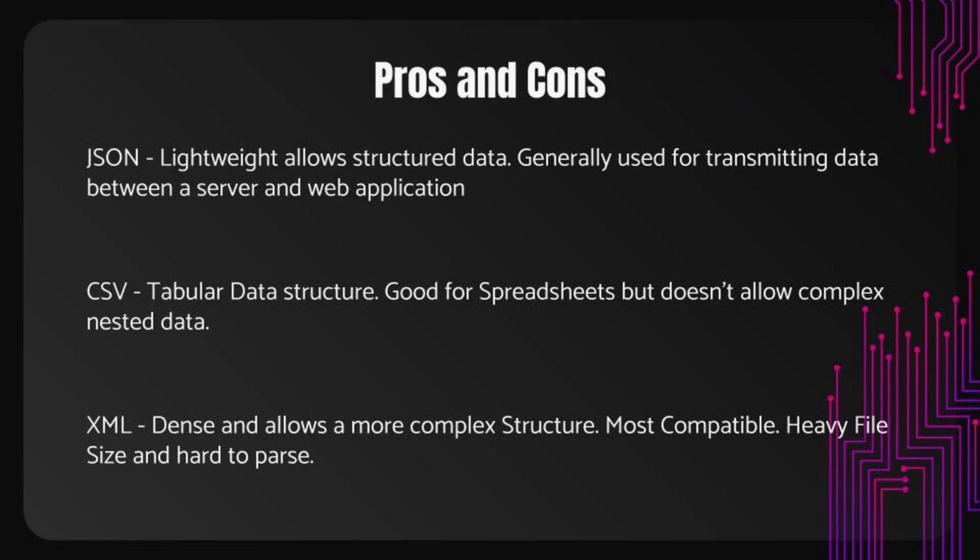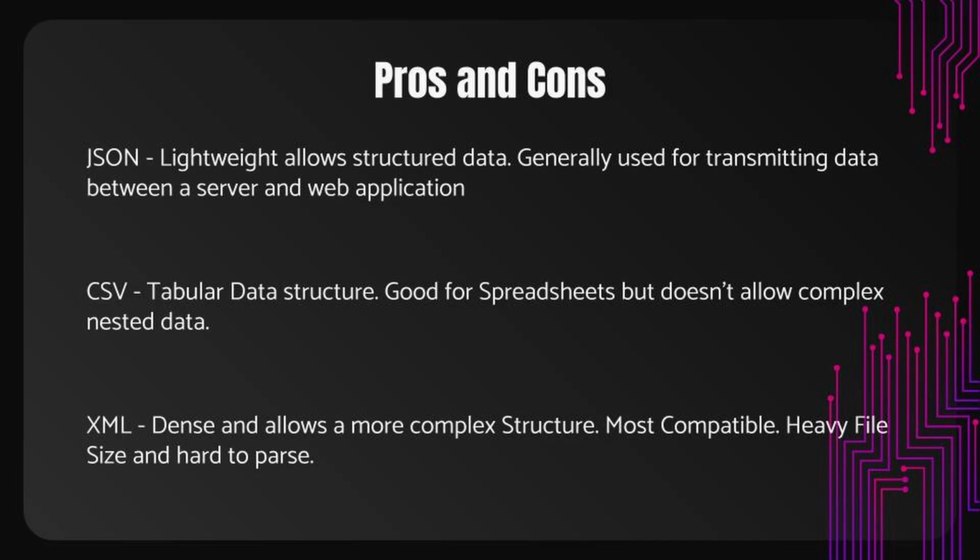JSON is considered to be a lightweight format and allows complex and nested data structures. It is more complex than CSV and requires a library to process JSON. CSV is easy to configure but falls short on not having a complex structure, but it is a lighter data format than JSON.